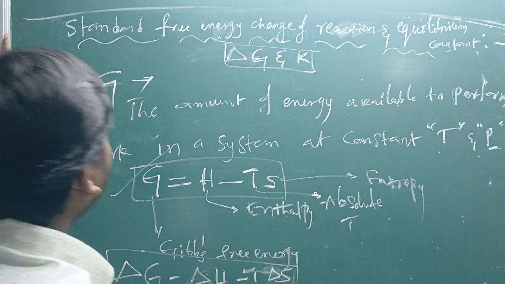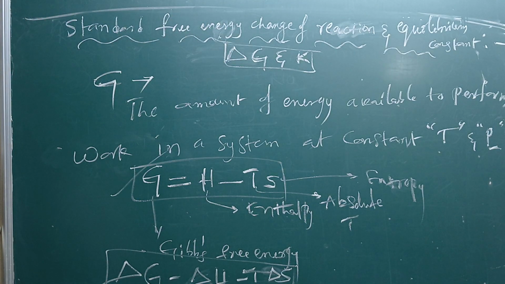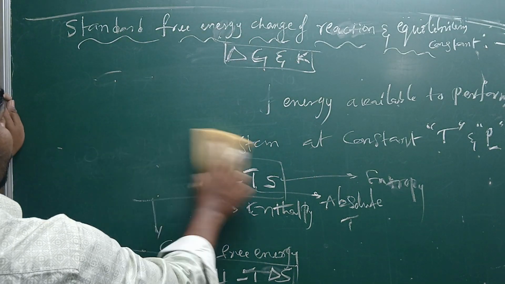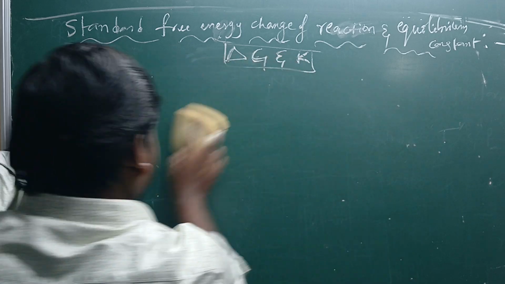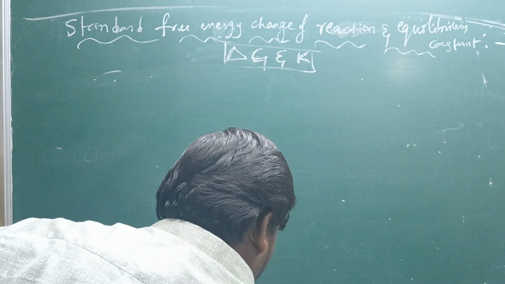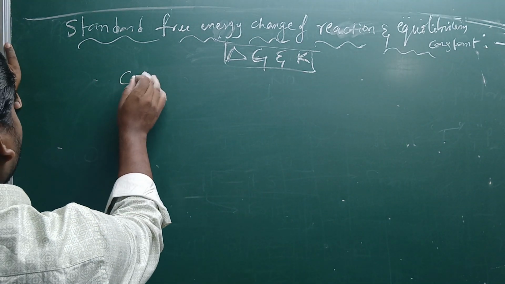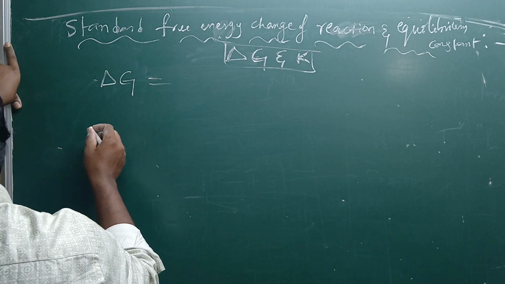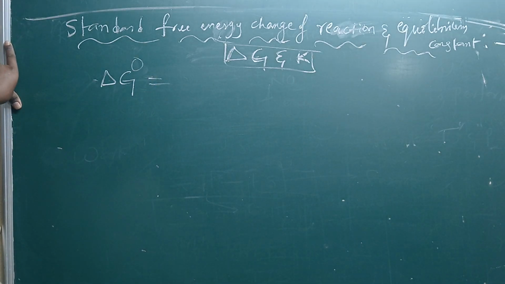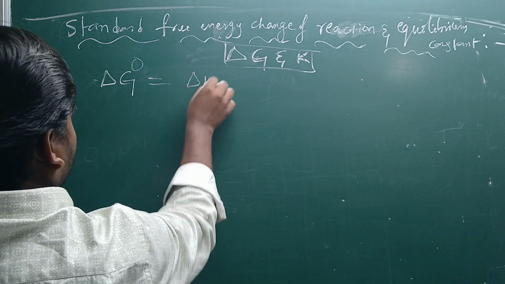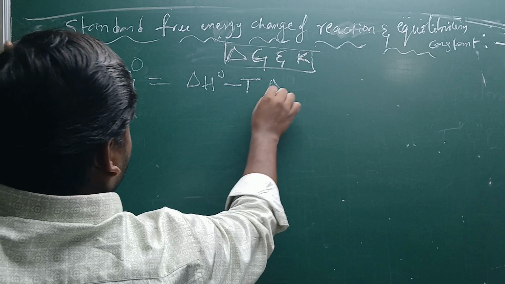This is the standard Gibbs free energy change equation: delta G is equal to delta H minus T into delta S. Now, in the standard form of thermodynamics, delta G naught is equal to delta H naught minus T delta S naught.